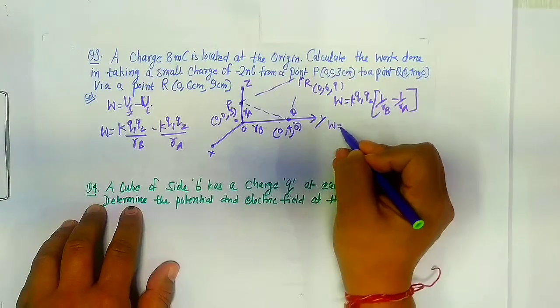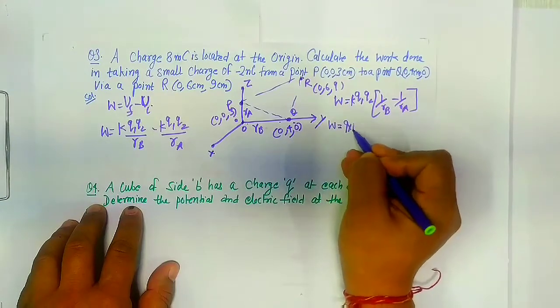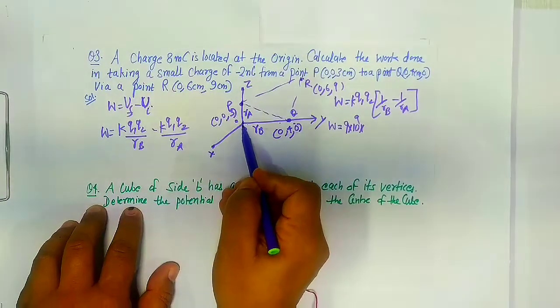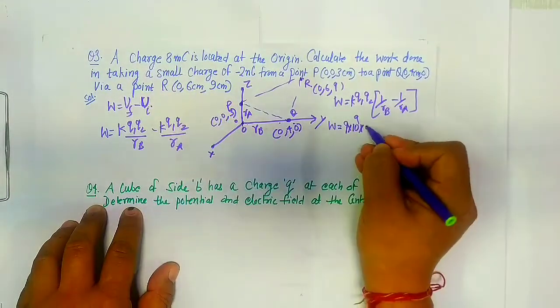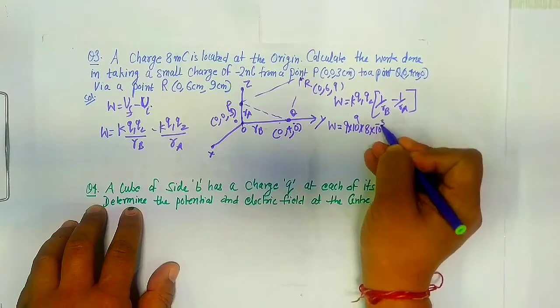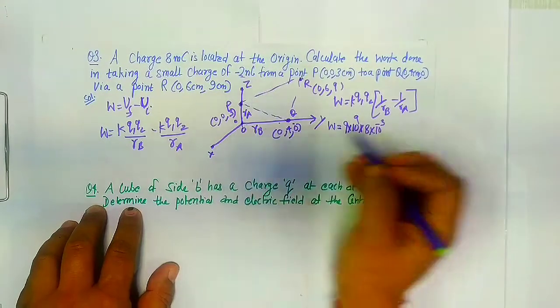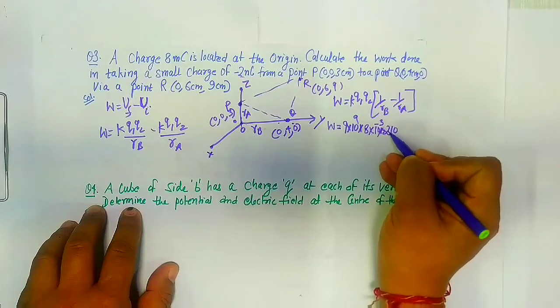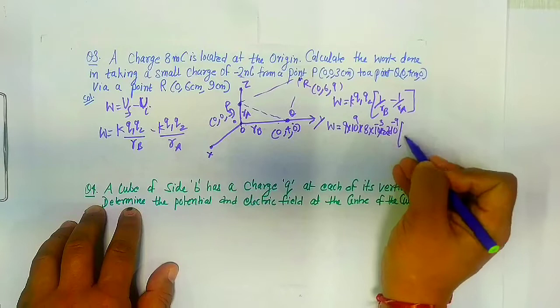What is K? It is 9 into 10 to the power 9. What is Q1? Say, at the center, it is 8 millicoulomb. So 8 into 10 to the power minus 3. And what is Q2? It is minus 2 nanocoulomb. So 2 into 10 to the power minus 9.